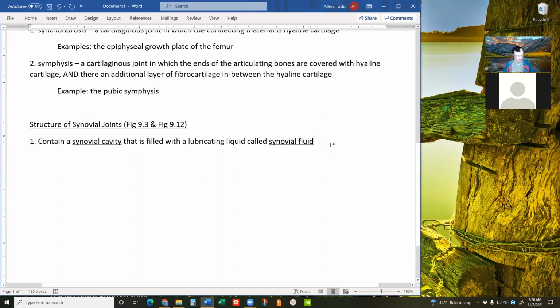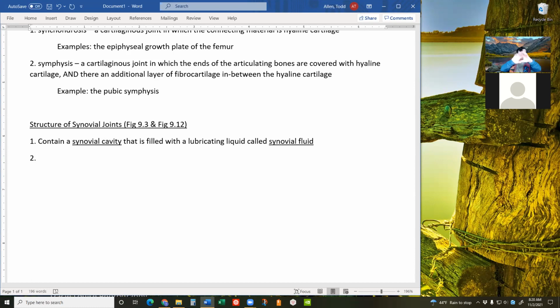The articular cavity itself is going to be surrounded by what's known as an articular capsule. Again, figure 9.3, part A, along the right side of part A, and equivalently along the left side of part B, you see the articular capsule.